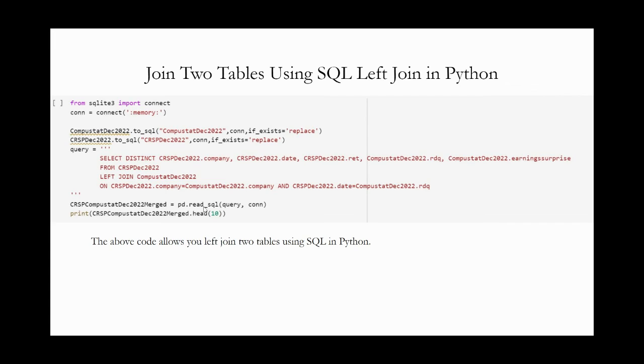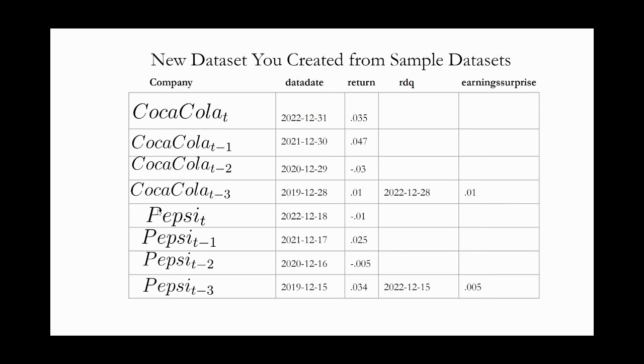Once we have all the data merged, we want to do read SQL into pandas. So pd.read SQL query connect, and then this is going to be our crisp and CompuStat data merge for December 2022, and then we want to print out this crisp CompuStat December 2022 merge.head 10. Okay, so that gives us the top 10 rows of our merge data.